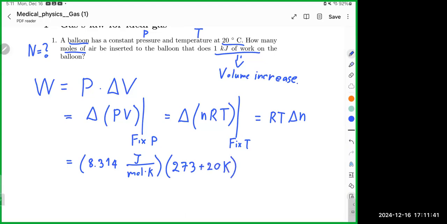You add 273 to 20 to get the Kelvin. And you would like to find delta N, which is the number of molecules of air that you have to insert into the balloon to do 1 kilojoule.